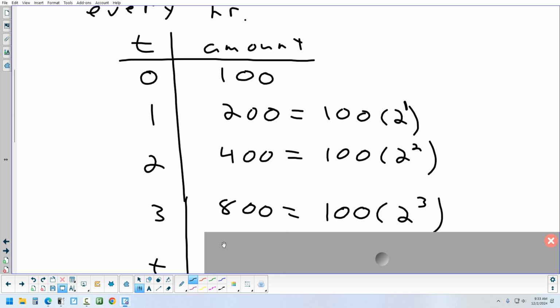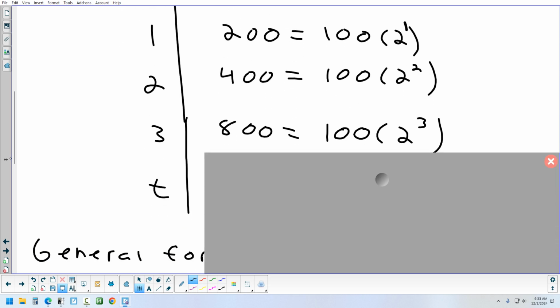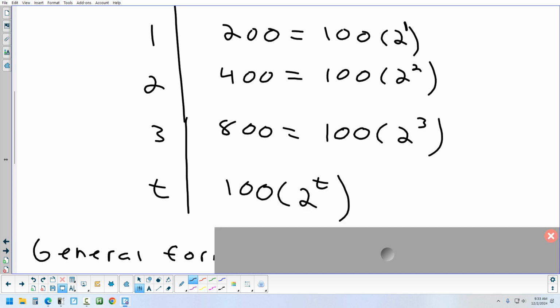Okay, initial amount times 2 to the number of hours that have gone by. That's the pattern. Okay, how about after t hours? What do you think the formula is going to be? 100 times 2 to the t. Yep, 100 times 2 to the t.